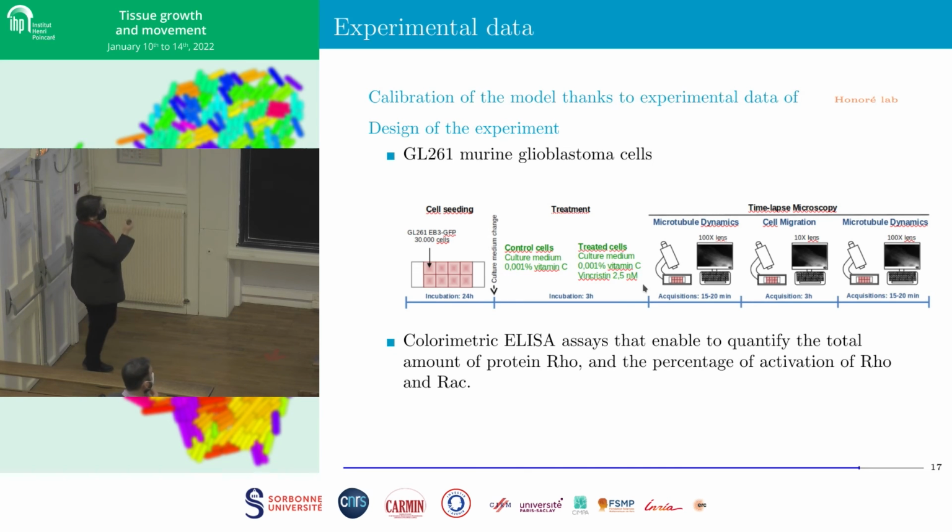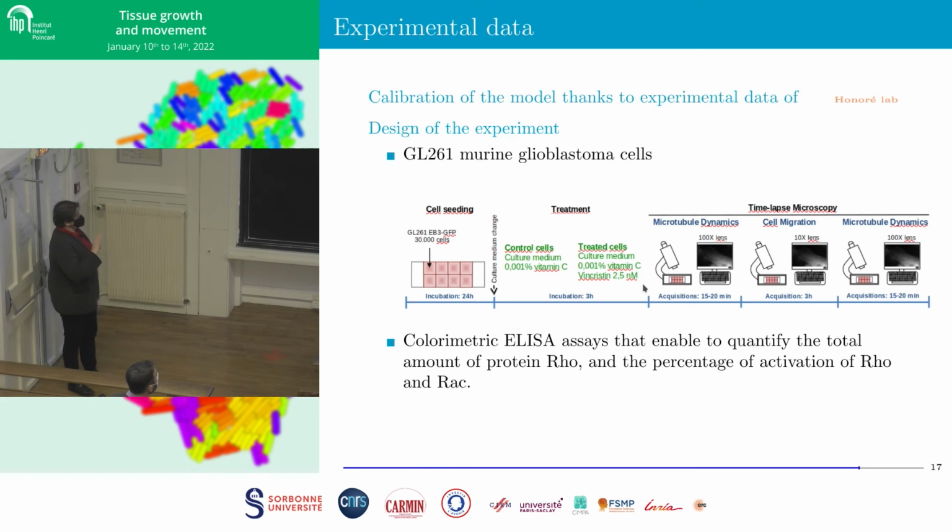So these cells were either control cells or treated with vincristine. Vincristine is a depolymerization drug too, like the vinflunine where we saw the effect in the first slides. And so we had information on microtubule dynamics and cell migration, after the treatment but also before.